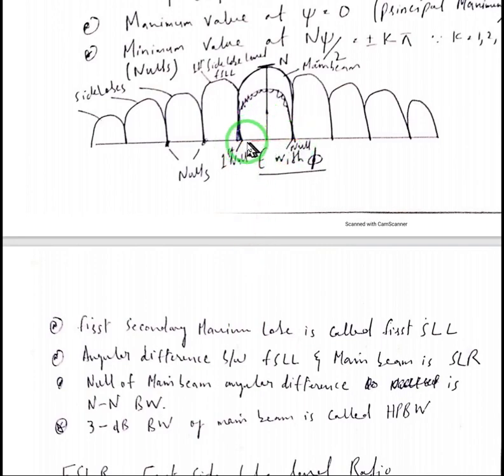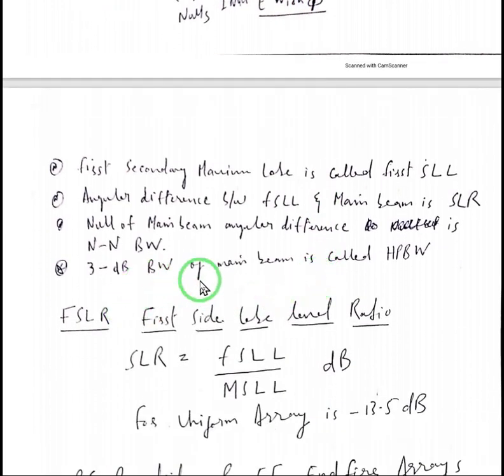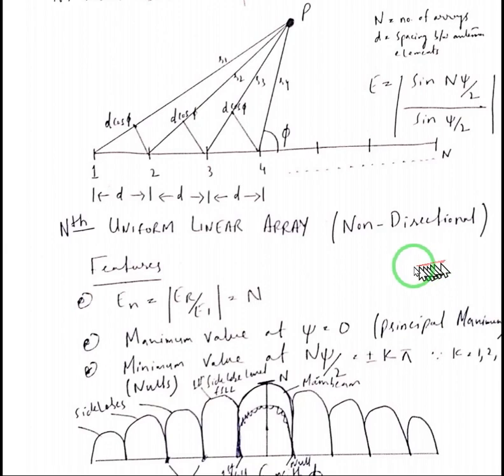The main beam nulls provide the null to null beam width, that is the width of the main beam, and the 3 dB beam width of the main beam is called HPBW, that is half power beam width. These are the features of the uniform linear array.